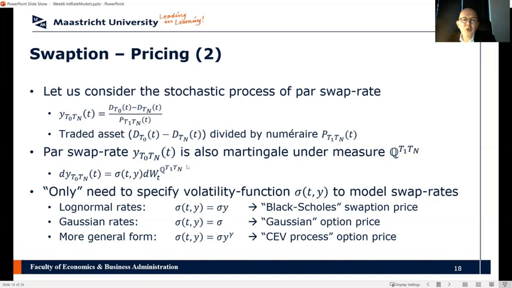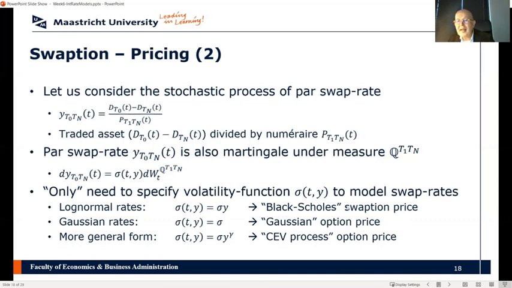Of course, you can do whatever you want, but let's say two very popular choices are these. You can model the par swap rates with a lognormal martingale, and then sigma_t(y) is, for example, a constant sigma times the y itself, or maybe a time-dependent, deterministic sigma. So that's one choice. And then you get a lognormal martingale for the par swap rates.